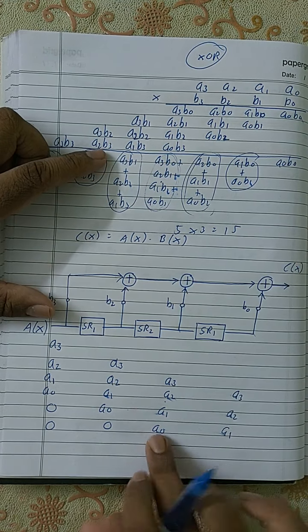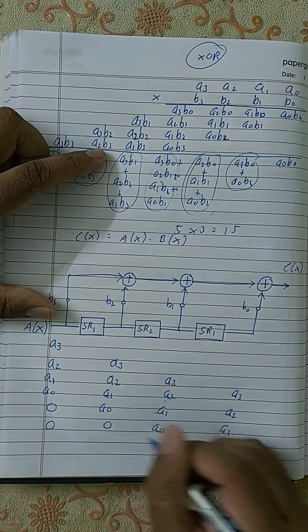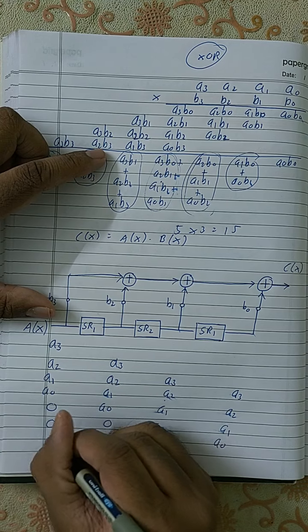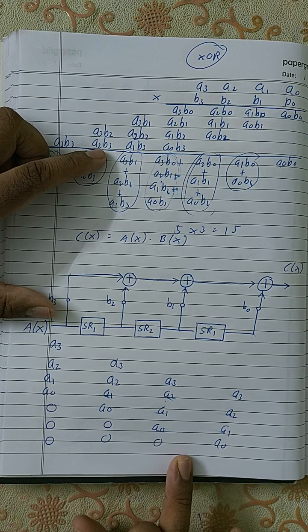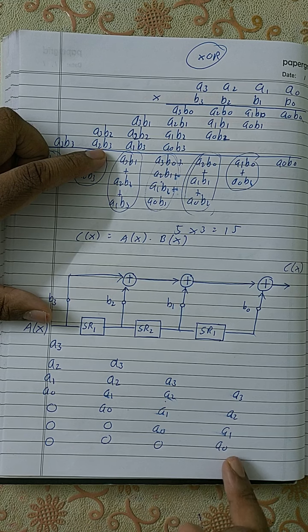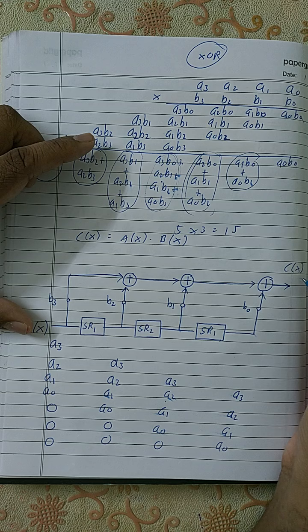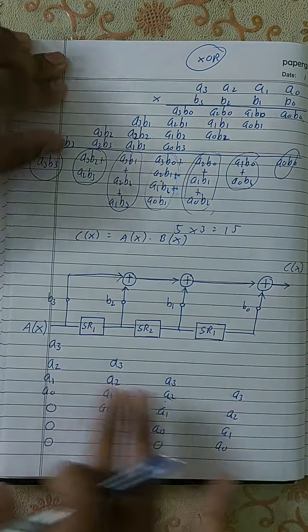Then A0 will be shifted over here, this 0 will be shifted over here, this 0 will be shifted over here, and another 0 will be placed at the input. Now this A0 will be multiplied by B0, and you will get A0 B0. This is how the working is done.